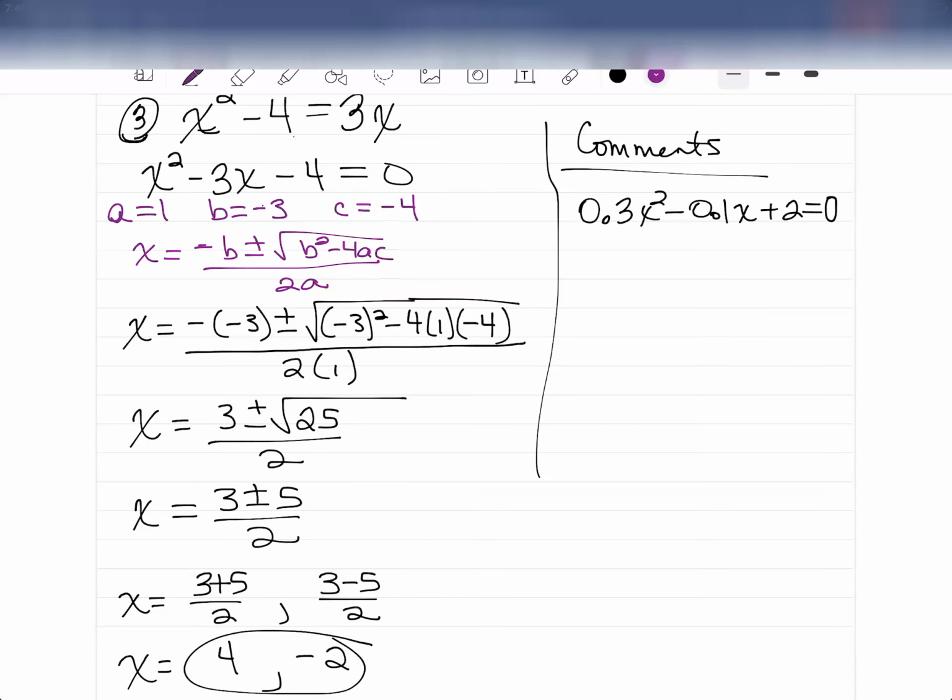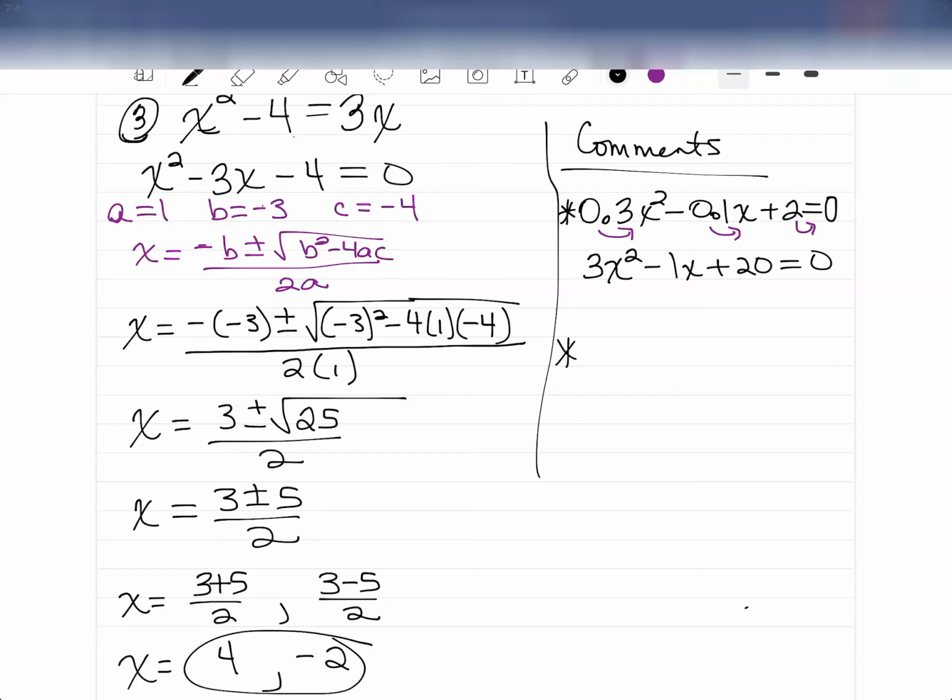So what you would do is there's one number behind the decimal, so you'd move everyone's decimal one place. Even if it doesn't have a decimal, that means the decimal's behind it, and you'll move the decimal one place. And you change this to 3x squared minus 1x plus 20 equals 0. And so now you have something that doesn't have the decimals. So notice on the 2, I moved it 1, so I had to fill that in with a 0.